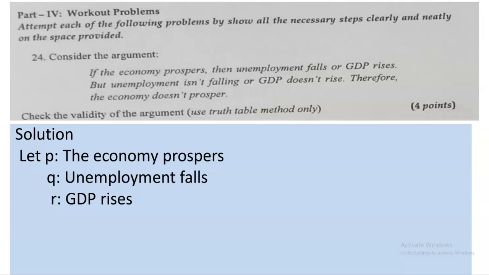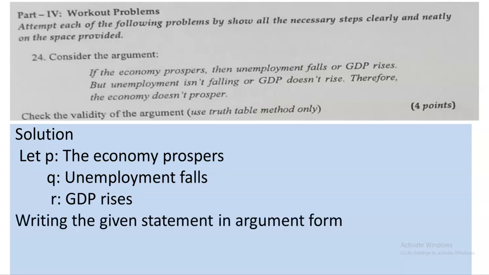So in the next sentence, use these three statements, so we don't need other notation. But unemployment is not falling or GDP doesn't rise. So in this case, we have the following logical argument form. Look how it is written. This is written as if-then, so implication must be used.